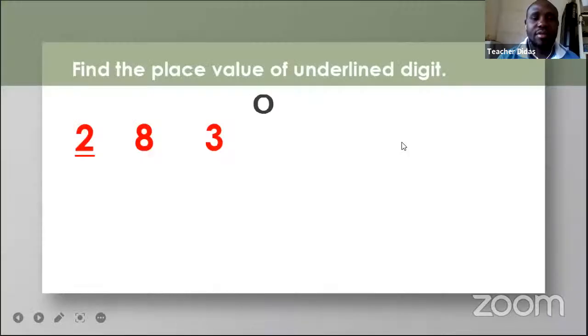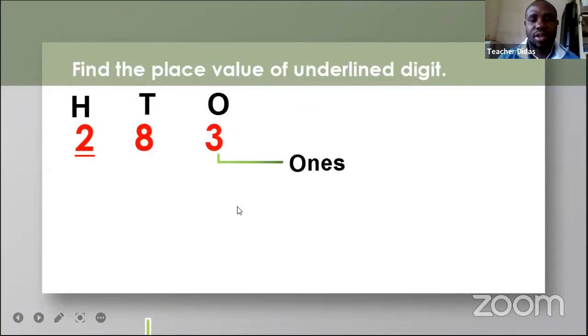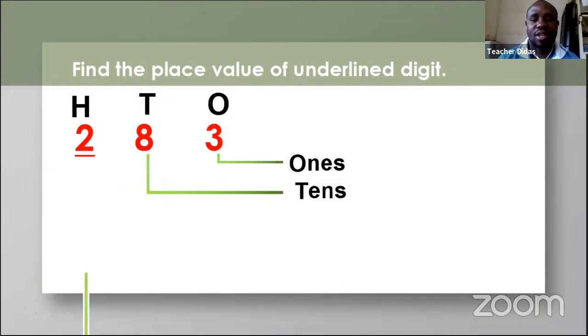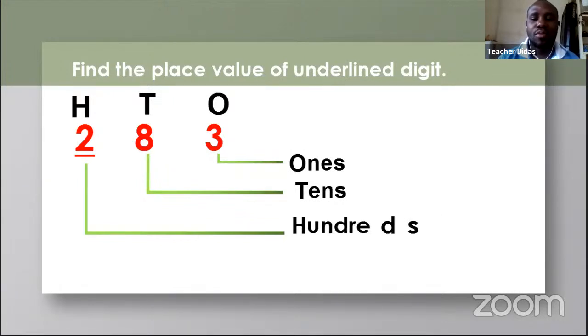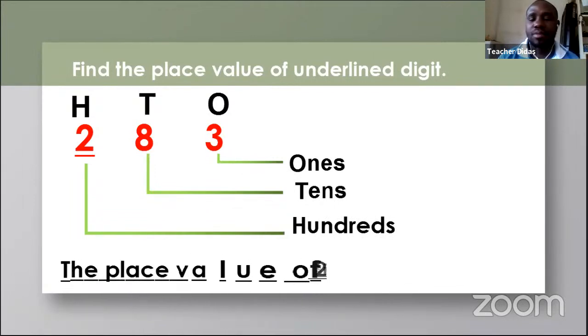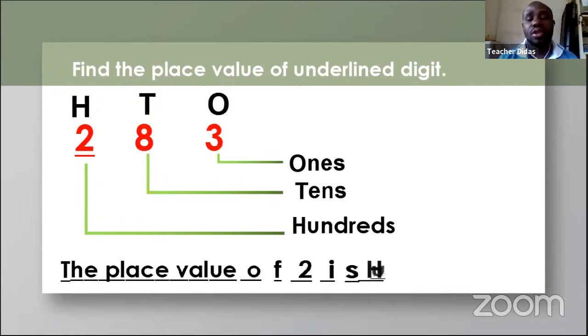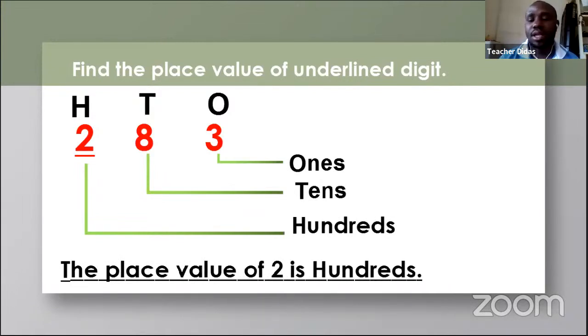Okay. So I have here the first one is ones, the second one is tens, and the last one is hundreds. But the underlined digit is 2. Therefore, we can conclude and say the place value of 2 is hundreds.